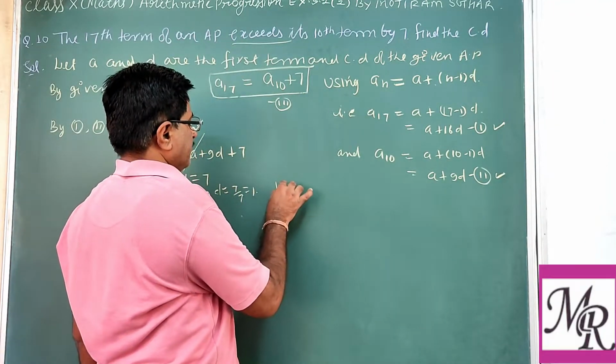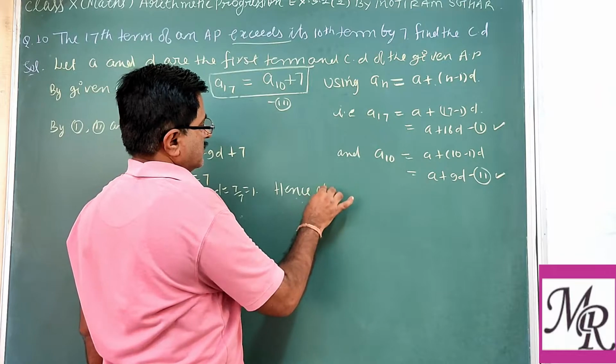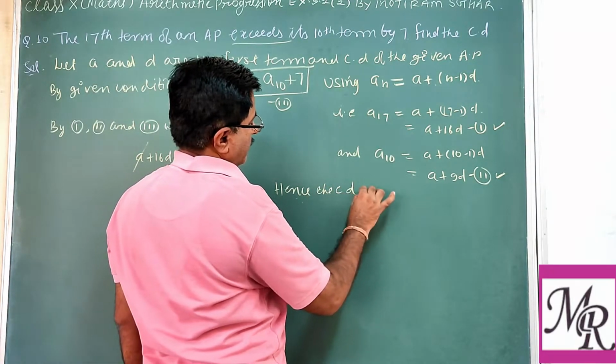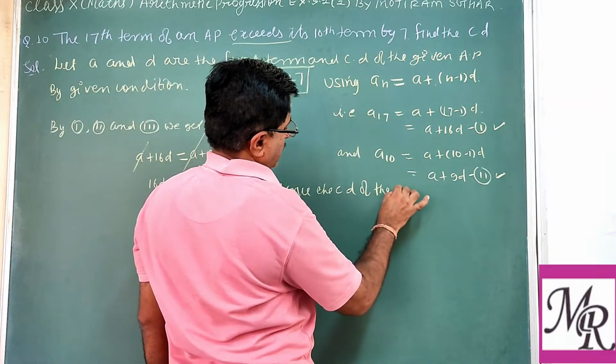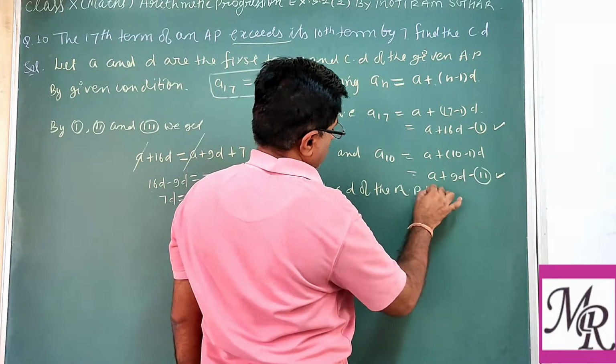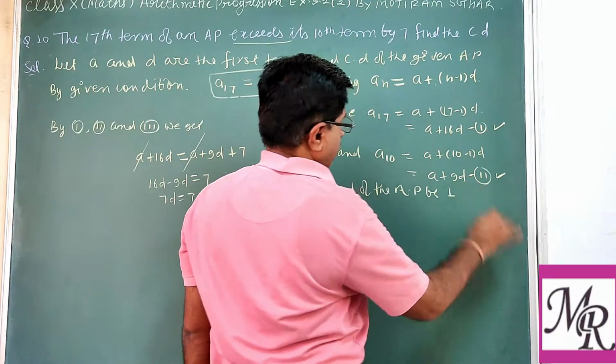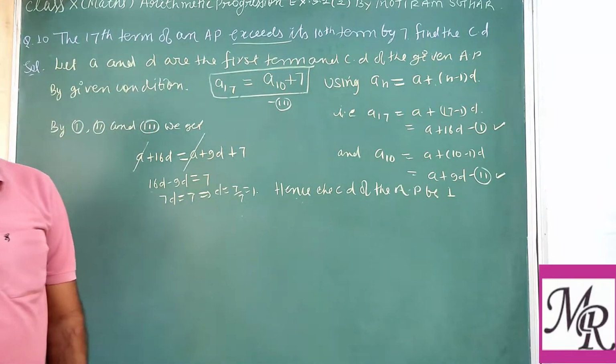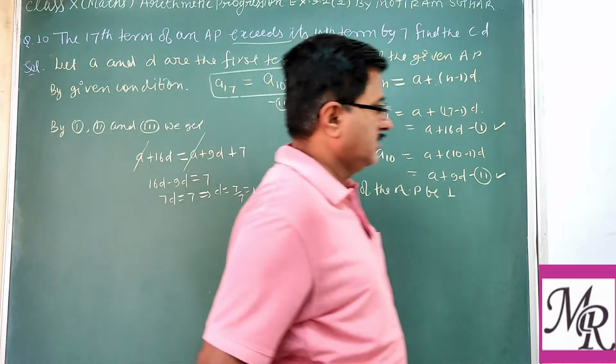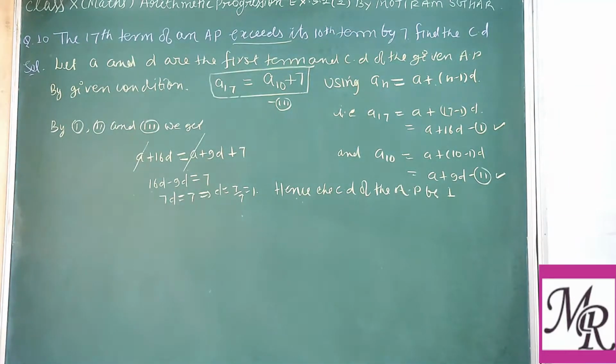You write: the common difference of the AP is d equal to 1. In this way you can easily find the common difference if you are given a relationship between two terms.